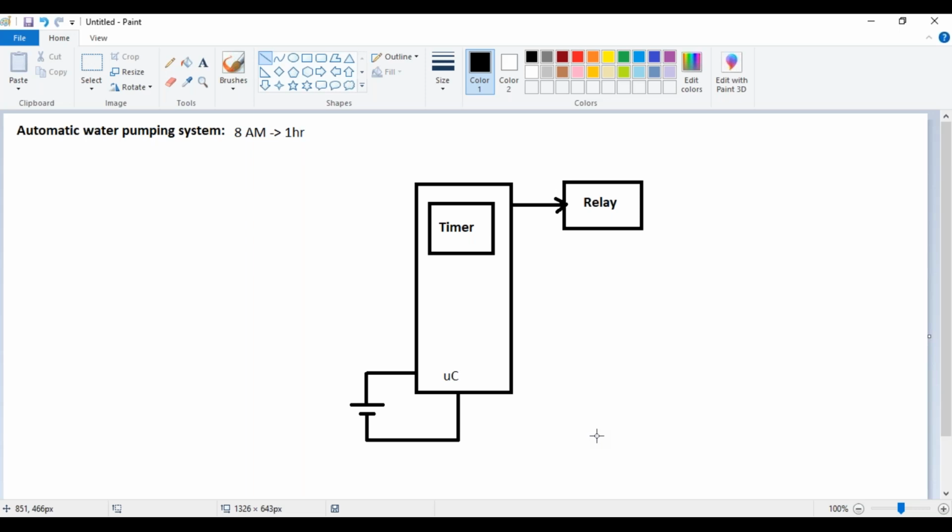Now for the remaining 23 hours, do you think I can put my microcontroller in sleep mode? My motto is to save the power also. Yes, okay.